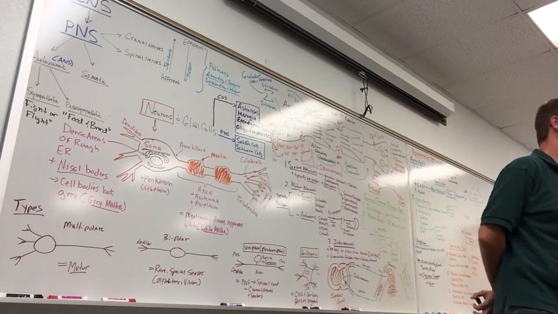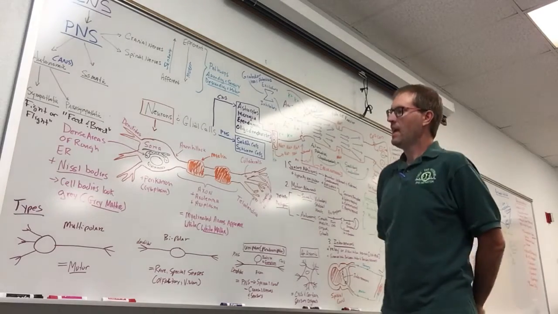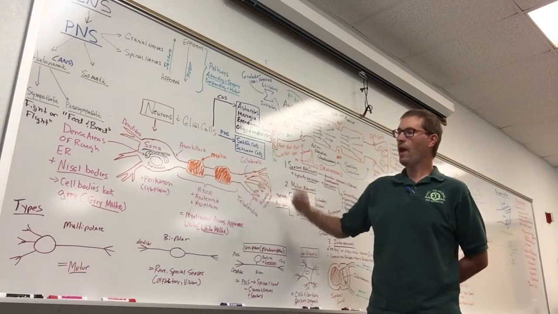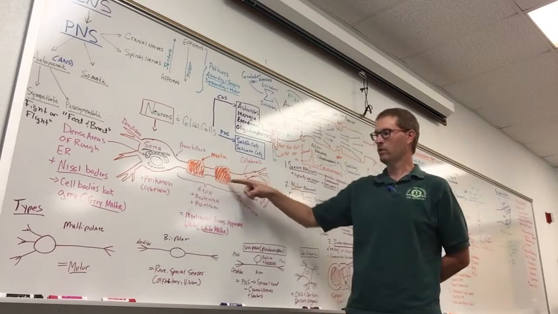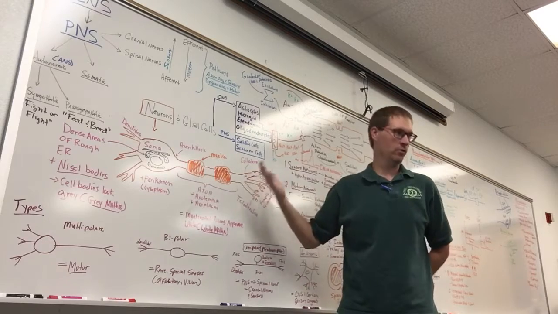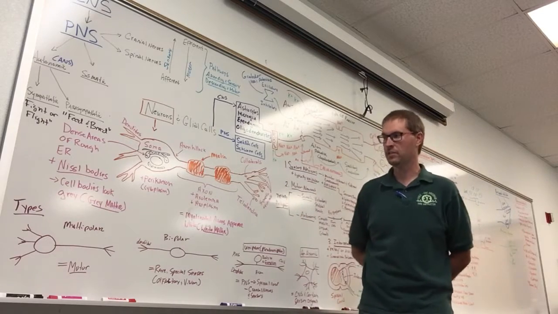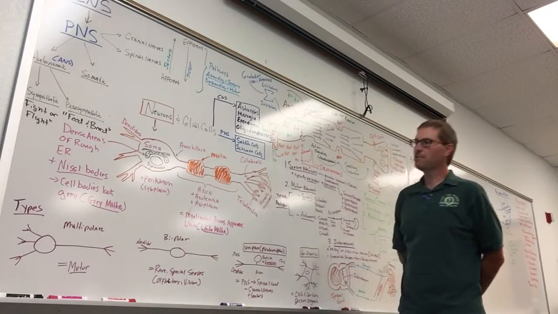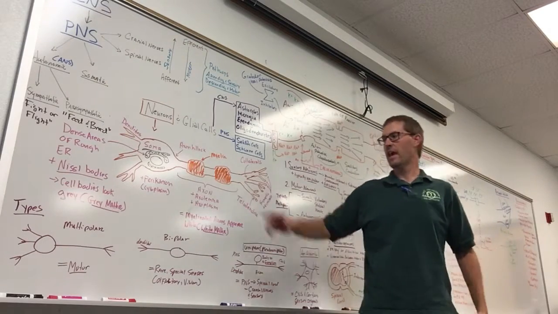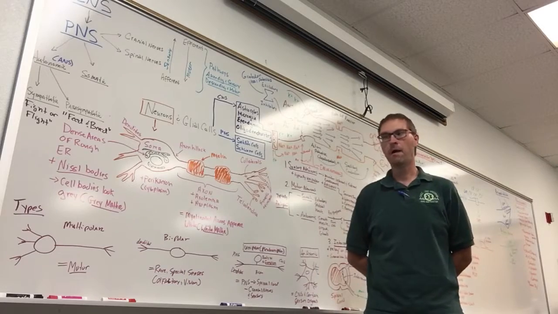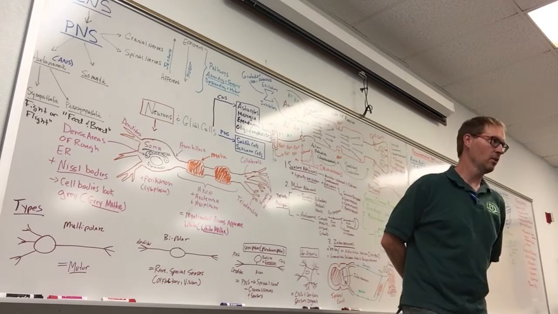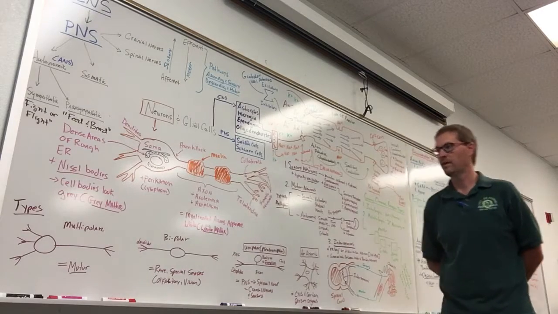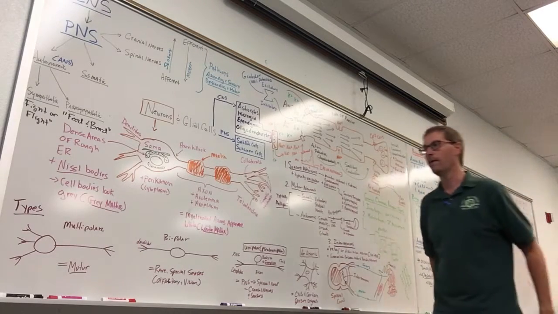And then following integration, information is sent away from the neuron via what's known as an axon. Sometimes, and in many cases, the axons are lined in myelin, and that acts as an insulator and facilitates the saltatory conduction that we talked about in lab. We'll talk about it here as well.